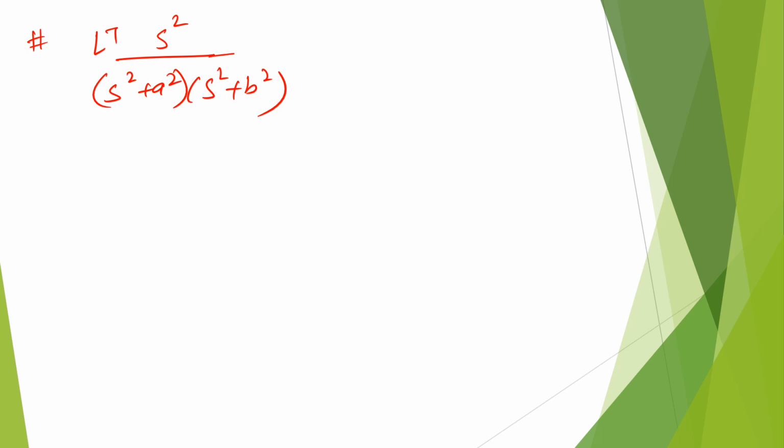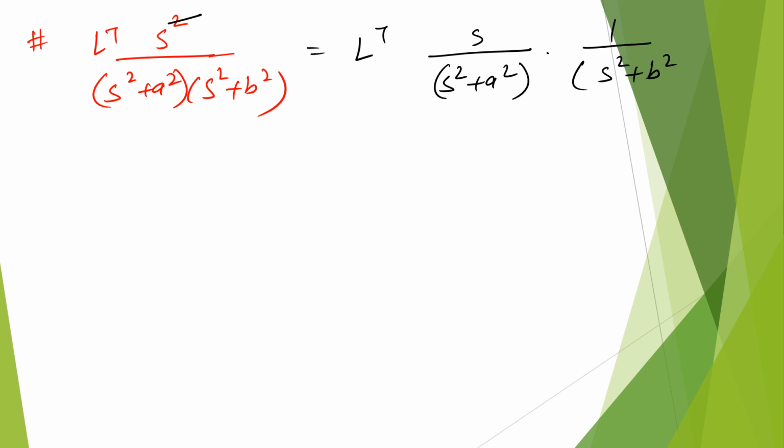Now, because the problem which we discussed is Laplace inverse of s square upon s square plus a square and s square plus b square, can we say that this will be just s? If it is just s, then the problem will be s upon s square plus a square into 1 over s square plus b square, whether you take this as f1 of s and this as f2 of s.